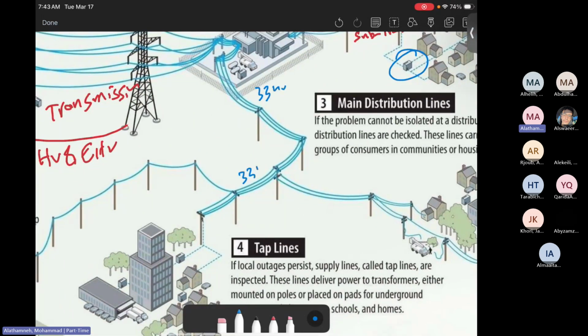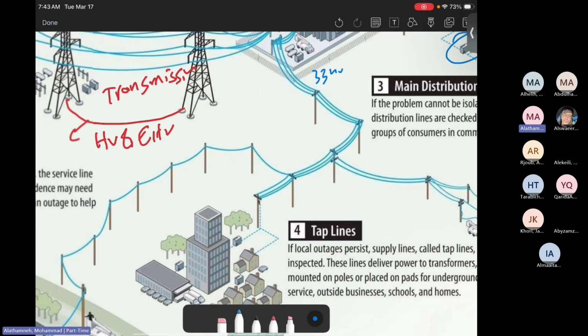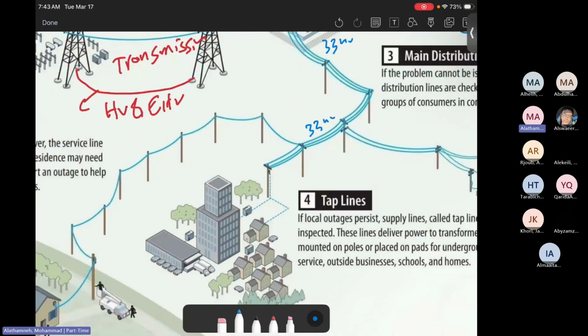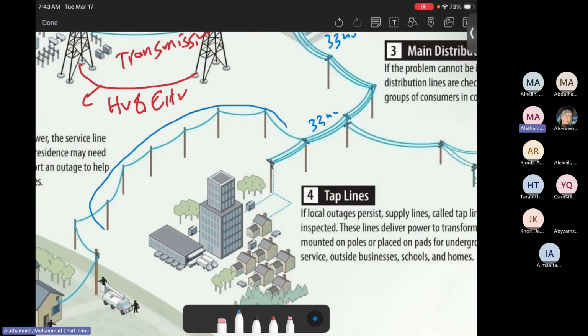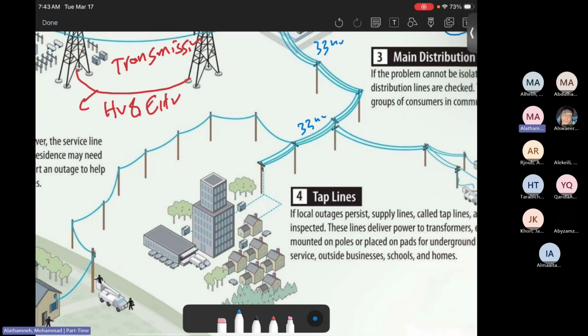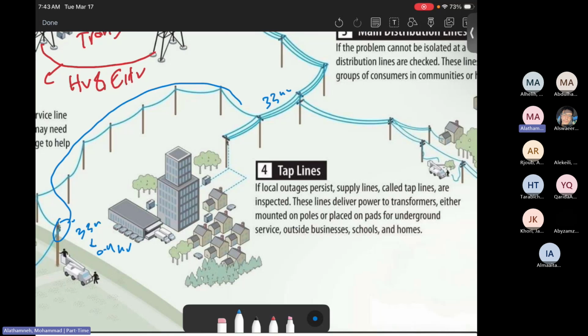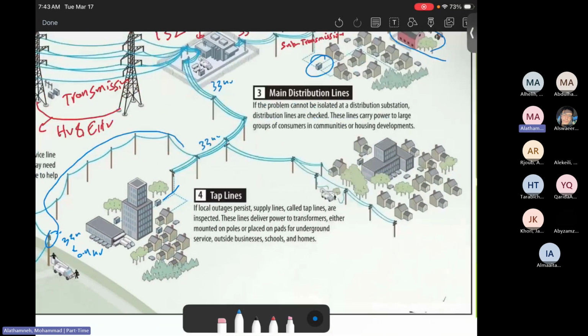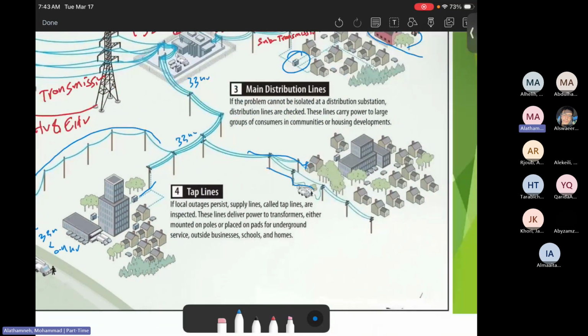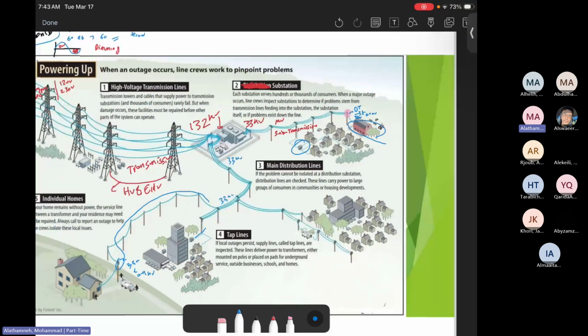From here, the 33 kilovolts goes as main feeders to the homes. Then there's 33 kilovolts to 0.4 kilovolts. Here it goes to the industrial areas as well, and so on. That's how it goes to the homes. So this is the overall map.